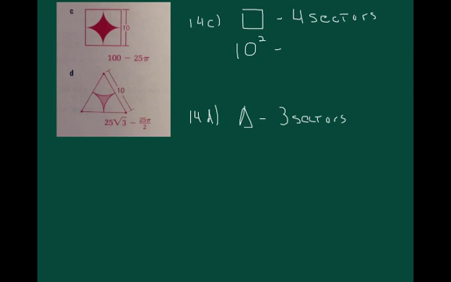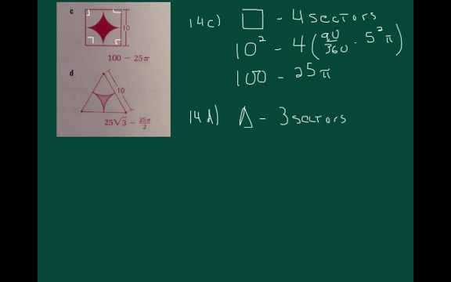And the 4 quarter circles could be found by multiplying 4 times each one of these 90-degree angles. So you get 90 over 360 times, now be careful, the radius of each circle is 5, so it's going to be 5 squared pi. The final answer will be 100 minus 25 pi. Now let's take a look at part D.